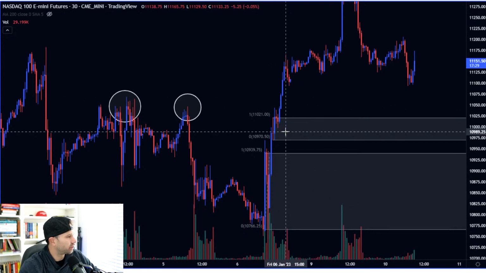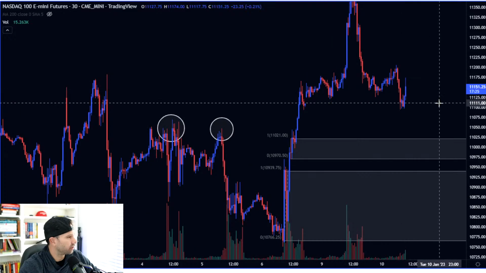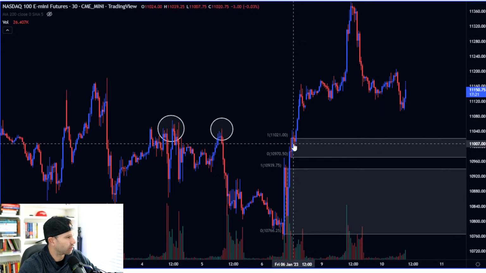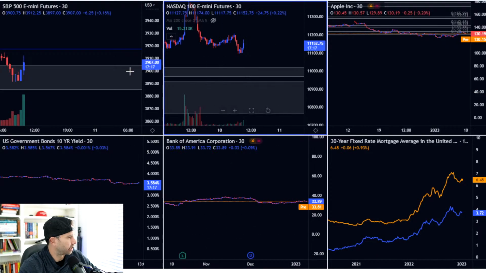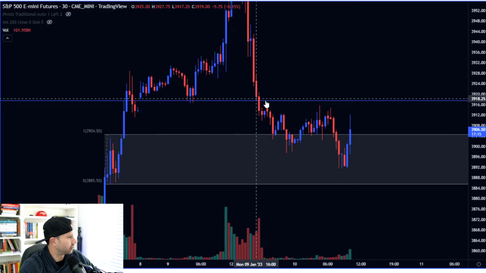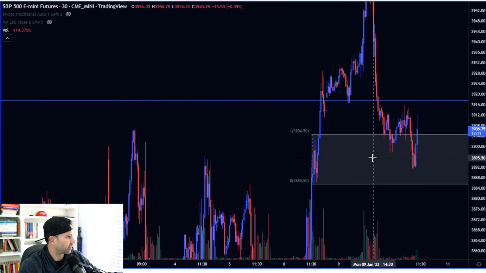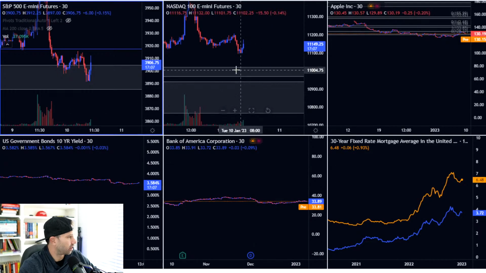You can see how clearly the S&P is weaker than the Nasdaq. This is the same demand on the S&P, which is being utilized right now. So price is there. See that? This is the same level, but on the Nasdaq it's a lot lower.